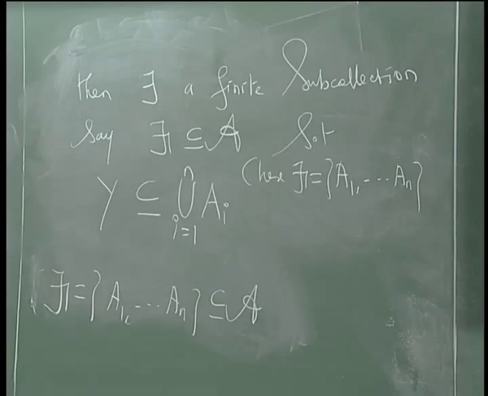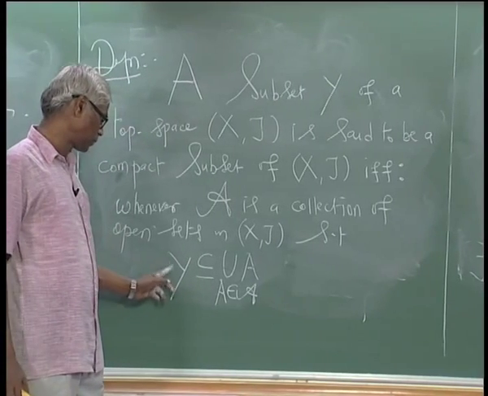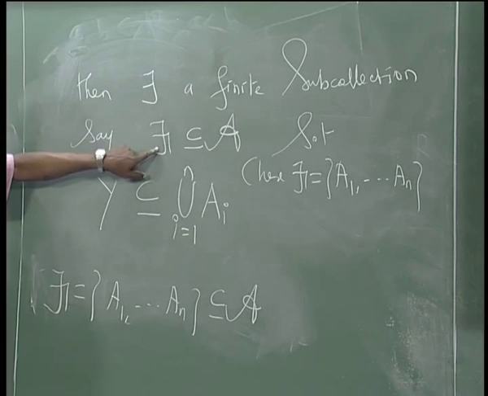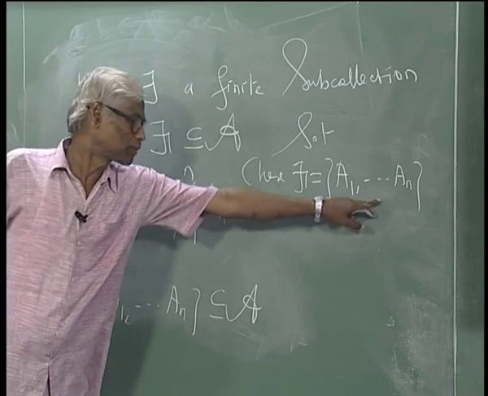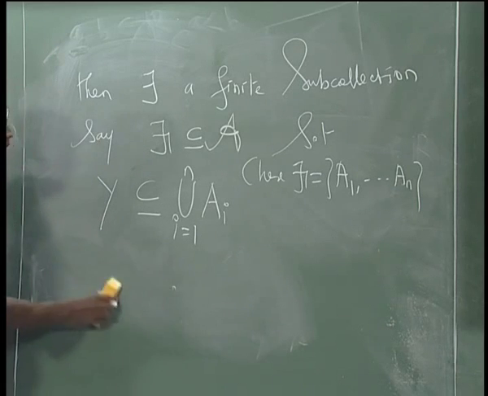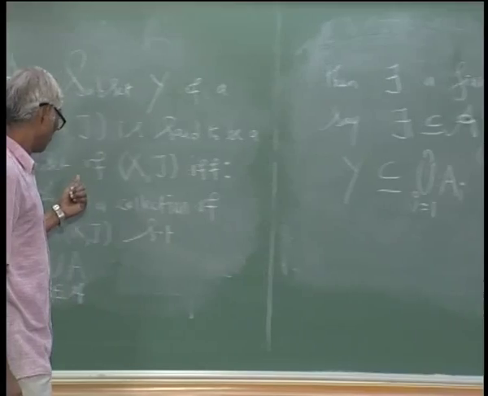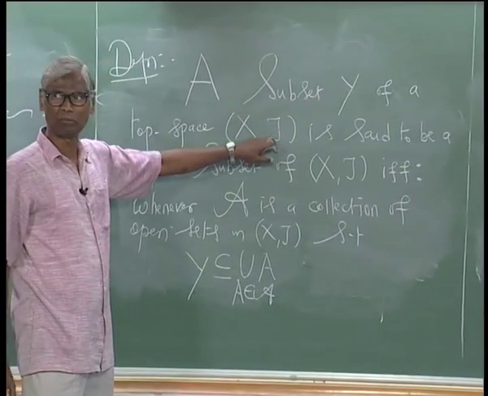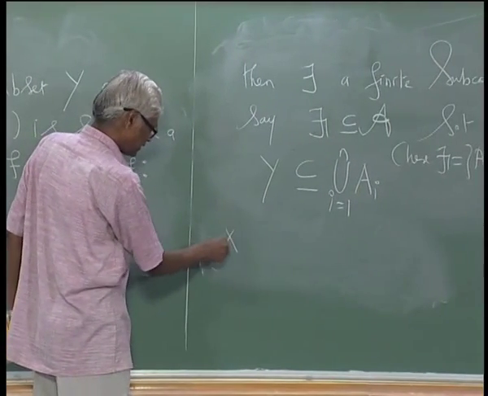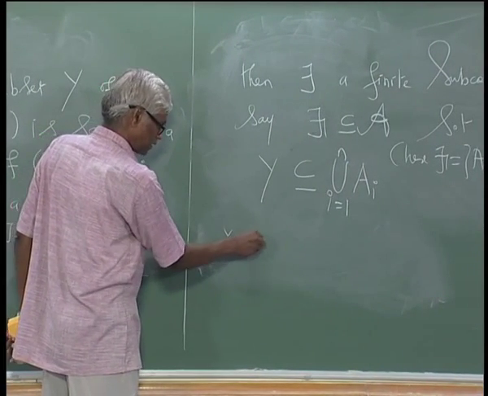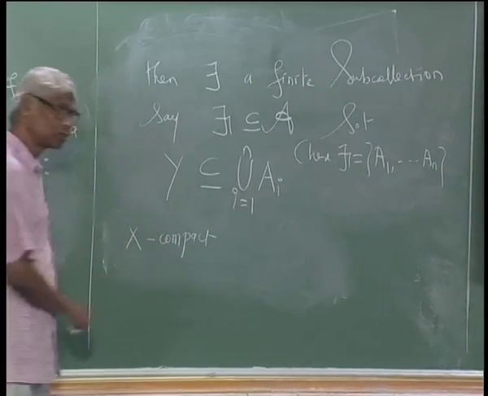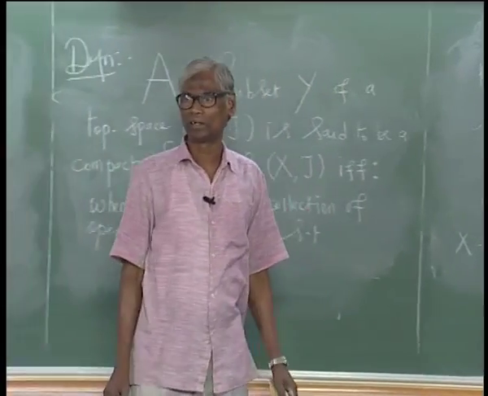Whenever script A is a collection of open sets which covers Y, then from that we can extract a finite subcollection which covers Y, then we say that the topological space Y is a compact subset of X. In particular, if X itself is compact, then we say that the topological space (X, tau) is compact.